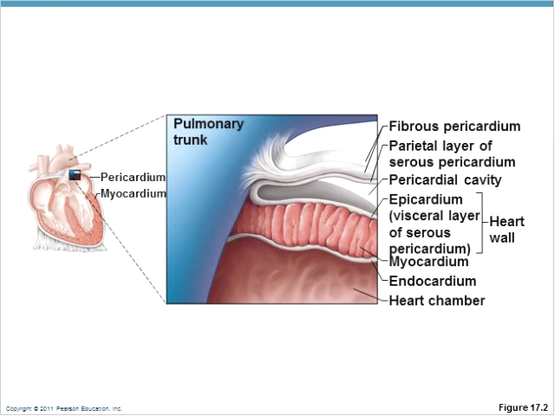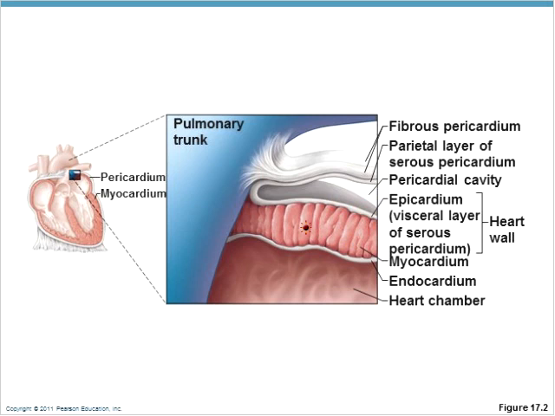It's a really nice depiction of layering as we get to the heart chamber proper. You can see the fibrous pericardium, which is really the layer that makes up the mediastinum. You see the parietal layer of the pericardium. You see the pericardial cavity, the space there. You can see the epicardium, or the visceral pericardium, and then you see the myocardium.